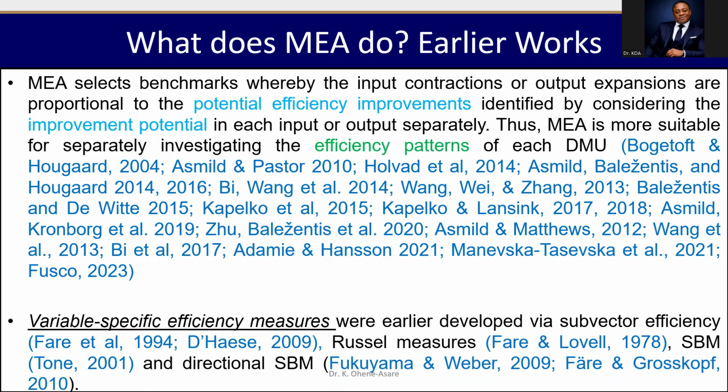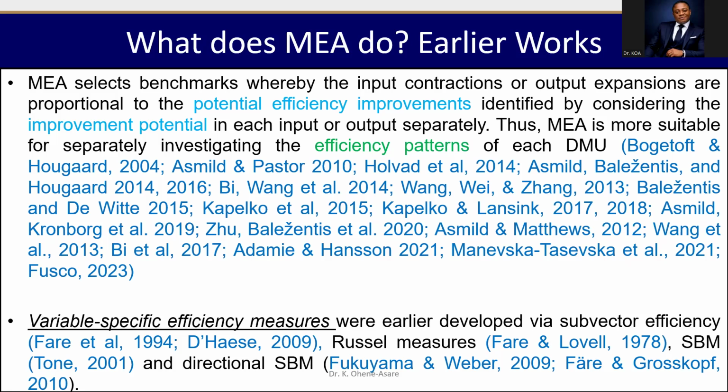I have some notes on it. It's also been introduced in the Russell measures and the slack-based measure of Tone. Also, even though we didn't go into detail about it, that's what you should dig into. You can also look at the variable specific efficiency using the slack base.